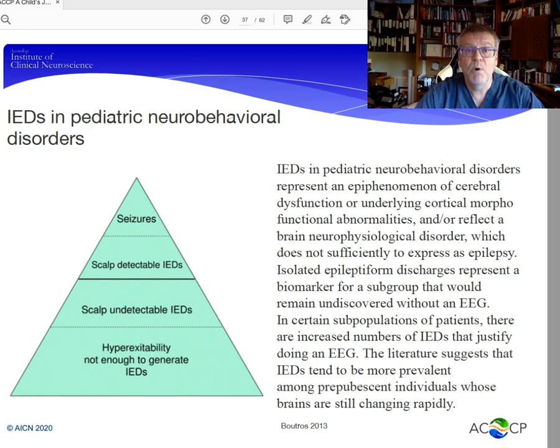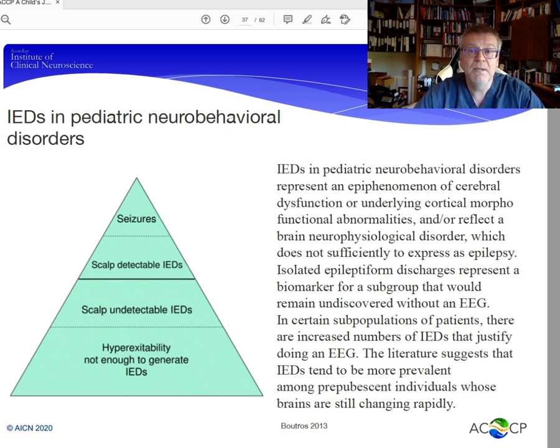That's where the morphofunctional abnormality comes from. It's also a functional abnormality, in that it produces functional disconnects when these networks try to connect. They can't, because of the disruption these IEDs are causing, and it starts to affect the timeline of development, and eventually they start to lag behind.